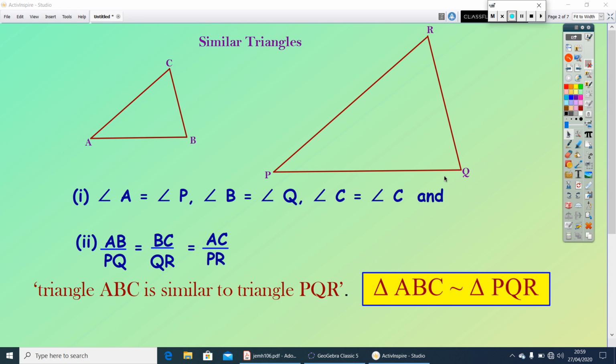For congruency of two triangles, we took only three corresponding parts of the triangles that should be equal. Here also, to check the similarity of two triangles, let us see how many minimum pairs of corresponding sides or corresponding angles should be equal.